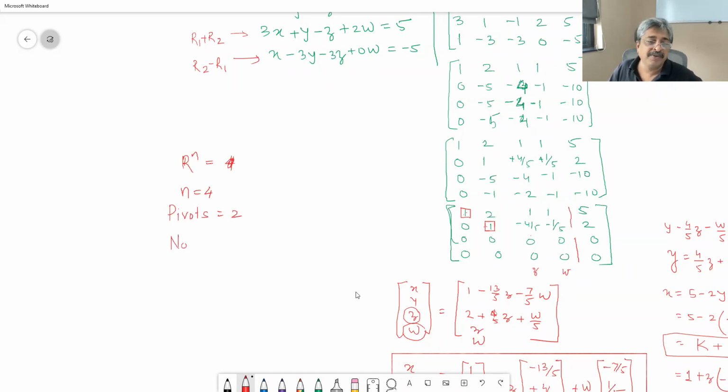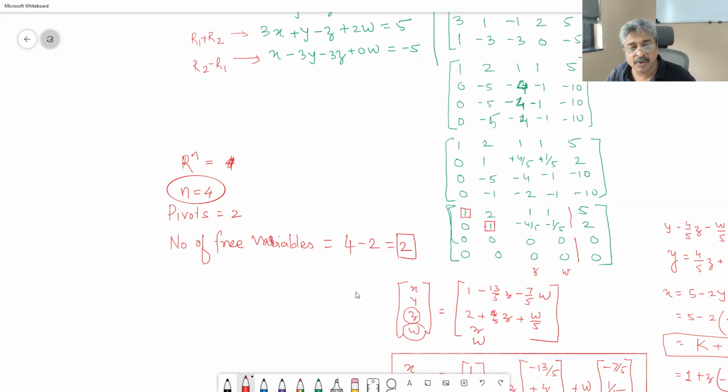So, number of free variables equal to 4 minus 2 equal to 2. So, out of 4 variables that you have, you can have 2 variables as free variables. Therefore, geometrically, number of free variables 2, therefore geometrically, this is 2-dimensional solution set, which is a plane.